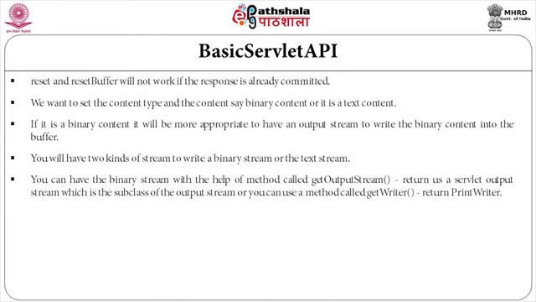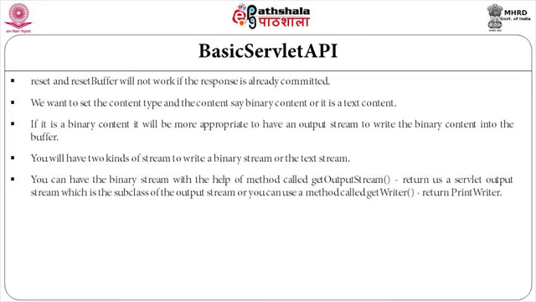You have two kinds of streams possible, a binary stream or a text stream. You can get the binary stream with the method called getOutputStream, which returns a ServletOutputStream, a subclass of OutputStream, or you could use the method called getWriter, which gives us a PrintWriter, which is very simple to use and which we have been using right from the beginning, right from hello world.